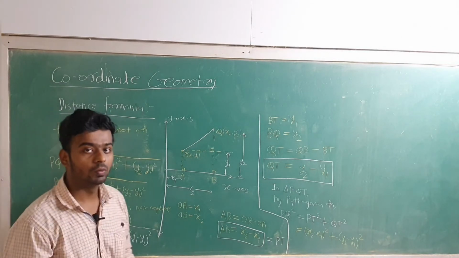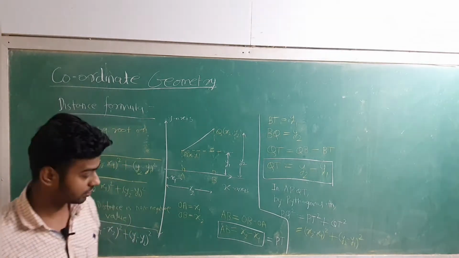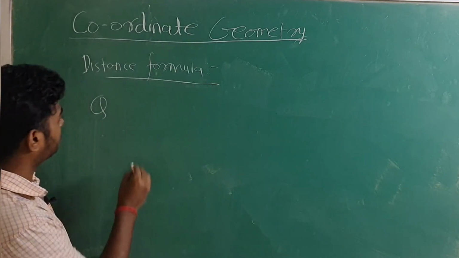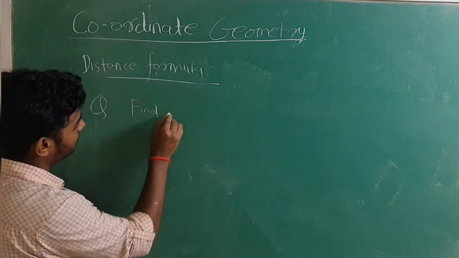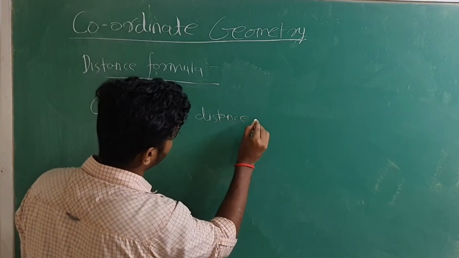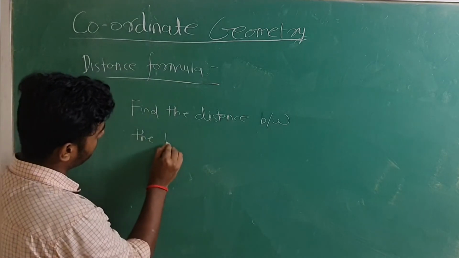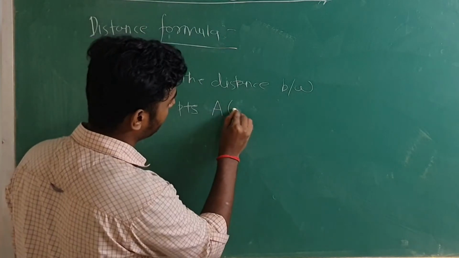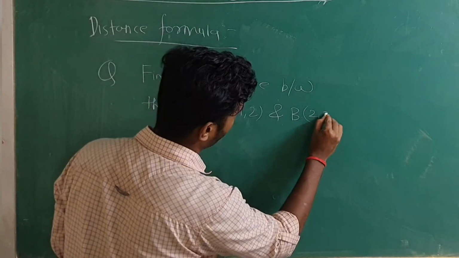Now let's take one question for the distance formula. The question is, find the distance between the points A(-1, 2) and B(2, 3).